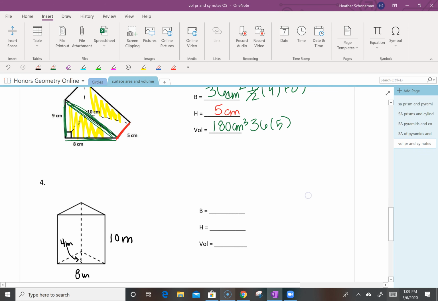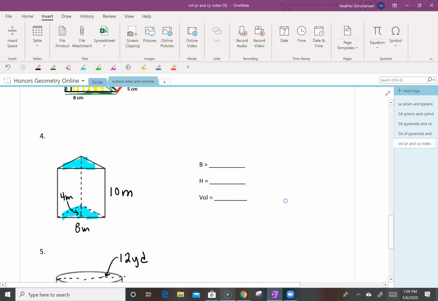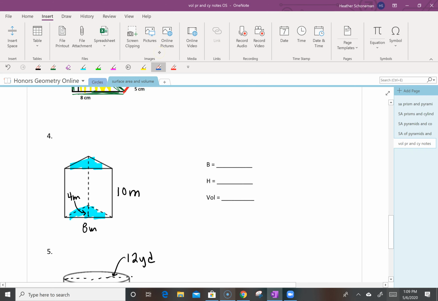Okay, let's try one more that's got triangles. Another prism. The bases have to be the same shape and parallel to each other, so those are your only options. The area of a triangle is 1/2 base times height. Well, the base is 8, and the height of the triangle is 4. So it's going to be 1/2 times 8 times 4, which would give you 16 meters squared.